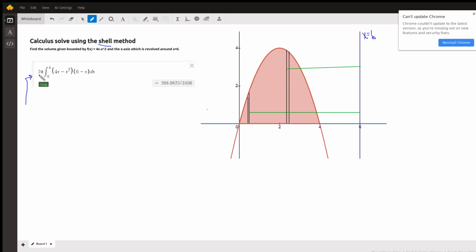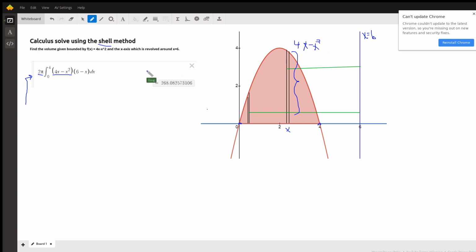When you use the shell method, it's 2 pi times the definite integral from a to b, in this case from 0 to 4, of the height of the shell. That's what this is, the height of the shell. So each shell, for some x along the x-axis, this height is 4x minus x squared.